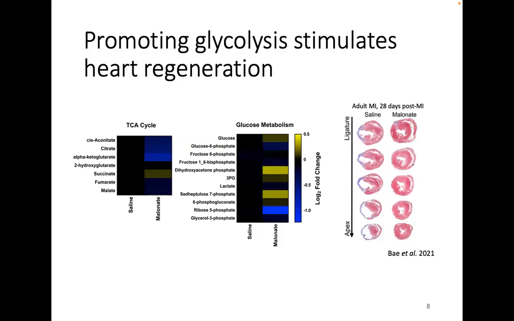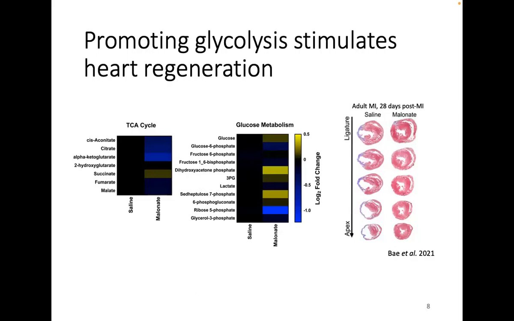This was done by using the succinate dehydrogenase competitive inhibitor malonate. When animals were treated with malonate, we saw a deprioritization of the citric acid cycle and fatty acid oxidation, while we saw an increase in the use of glycolysis and glucose metabolism, showing that by competitively inhibiting succinate dehydrogenase, we could successfully reverse that metabolic switch in the adult back towards glycolysis.